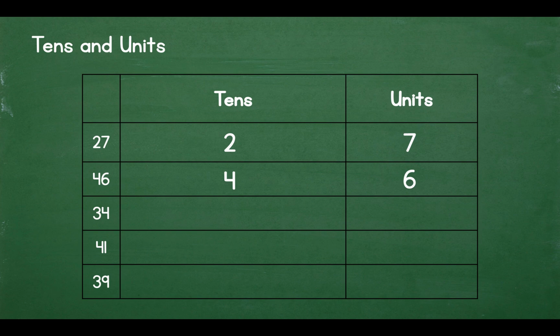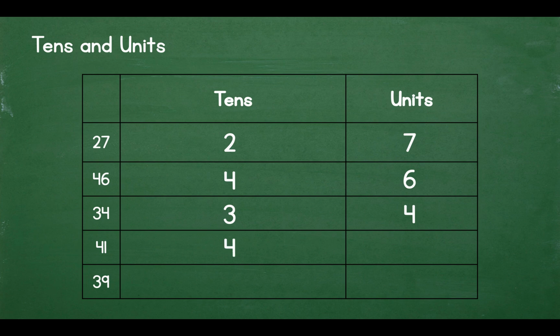How many tens are in the number 34? Say it out loud. Right, 3. And how many units? 4. 3 tens, 4 units. Say that with me. 3 tens, 4 units.